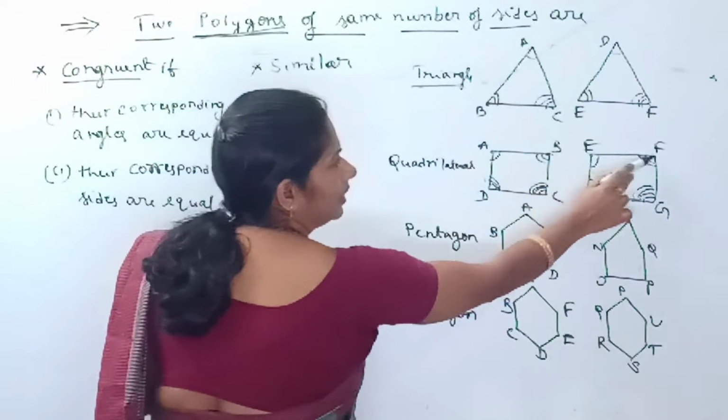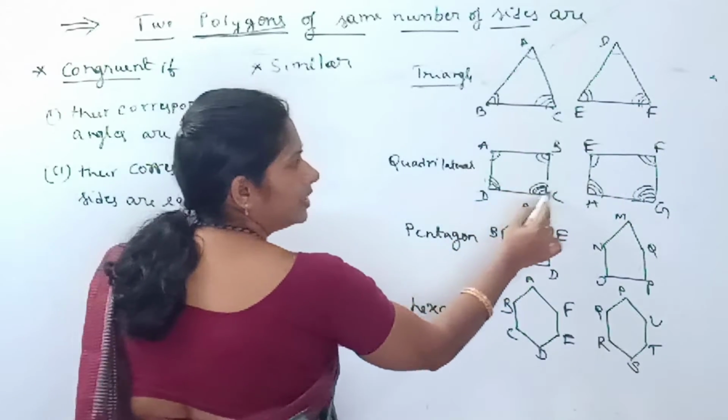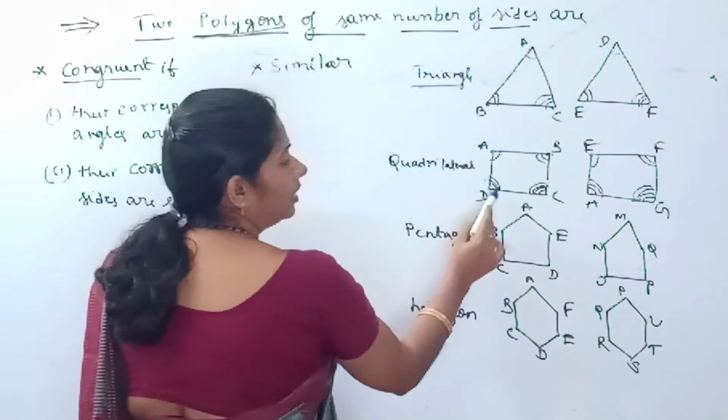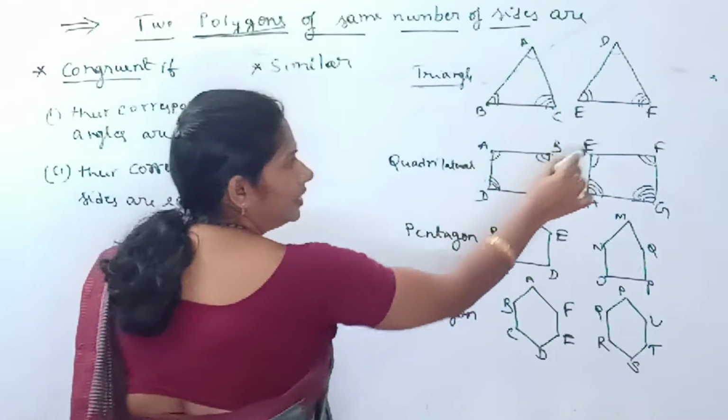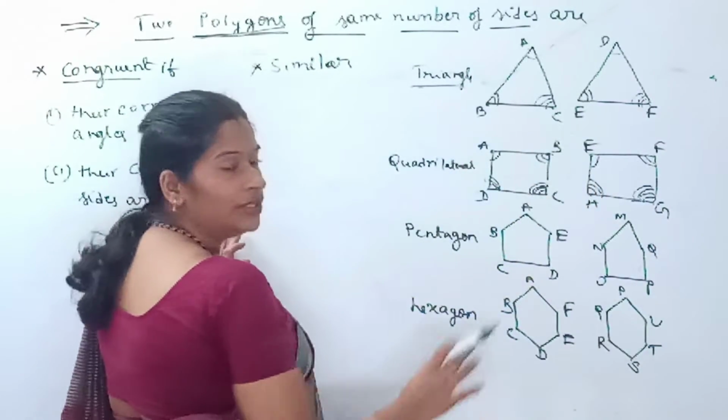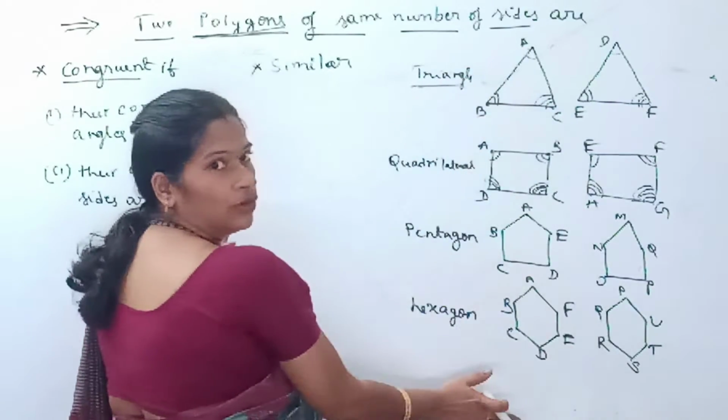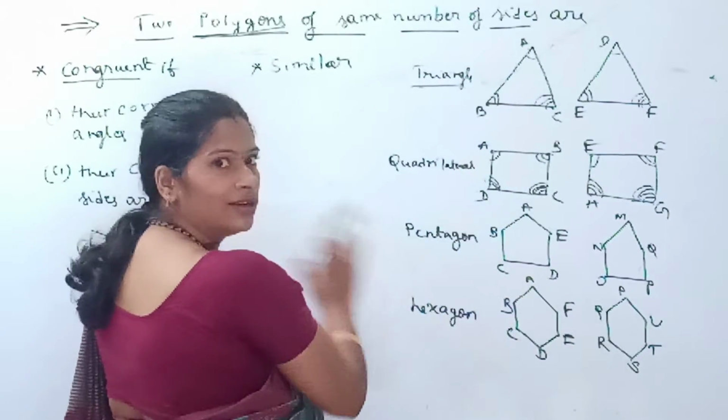AB equal to EF, BC equal to FG, DC equal to HG and AD equal to EH. Then you can say that the polygons of same number of sides are congruent.